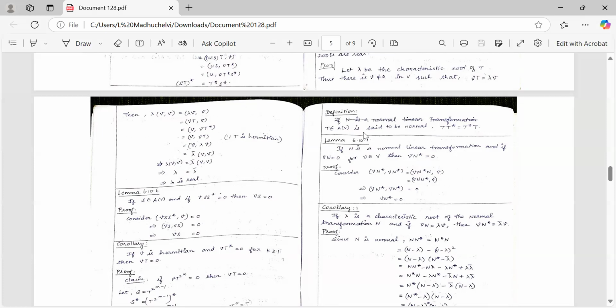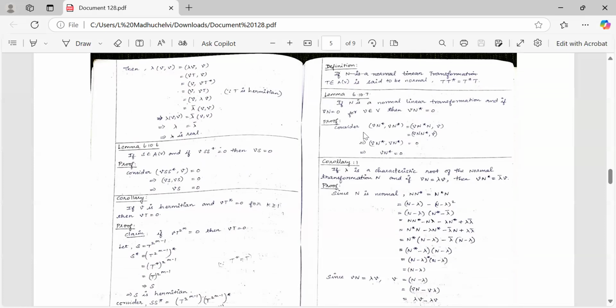Let us see a lemma on normal linear transformation. If N is a normal linear transformation and if vN equal to 0 for v belongs to V, then vN star equal to 0. That is, consider inner product (vN star, vN star).